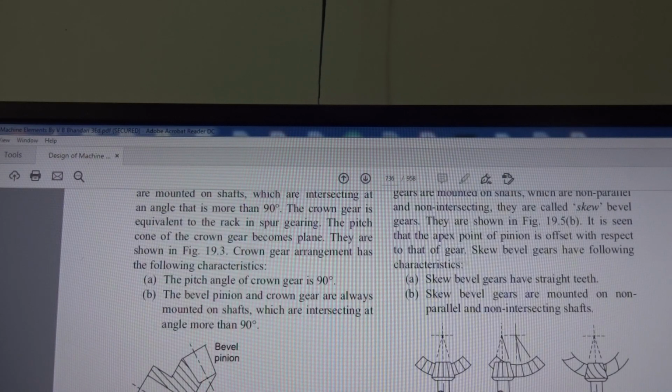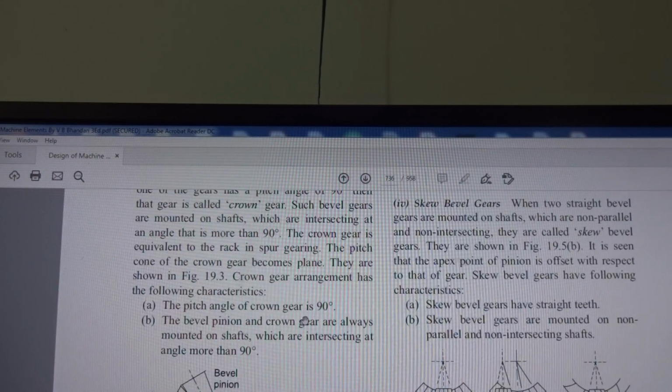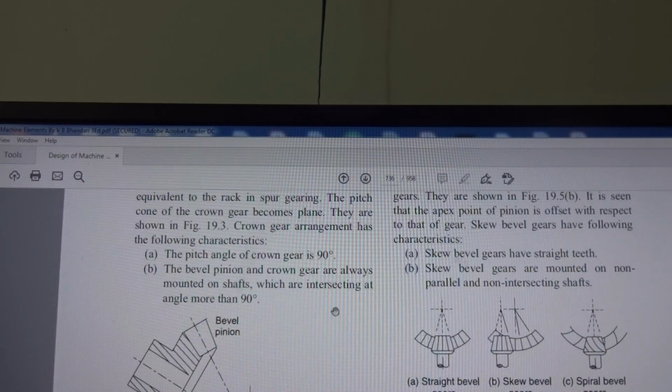In the crown bevel gear, the pitch angle of crown gear is 90 degree, and the bevel pinion and crown gear are always mounted on shafts which are intersecting at angle more than 90 degree.